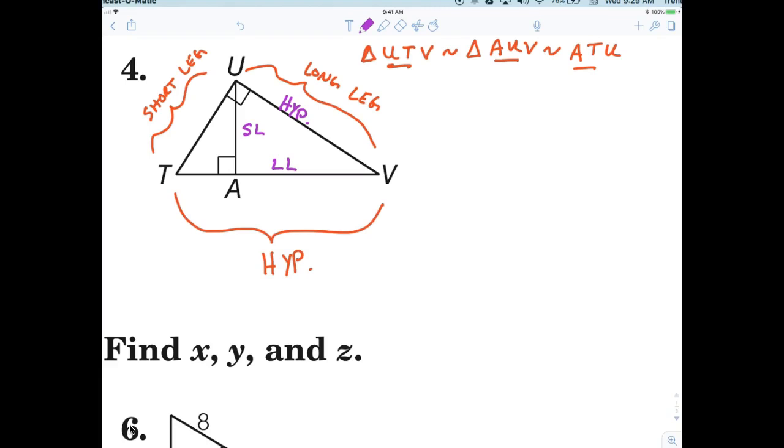Hypotenuse. Everybody see that? So you have to understand what triangle you're talking about. Now, if I'm looking at the small triangle, this could be the what? Hypotenuse. This is the short leg. And this is the what? Long leg. So does everybody see what I'm getting at here?